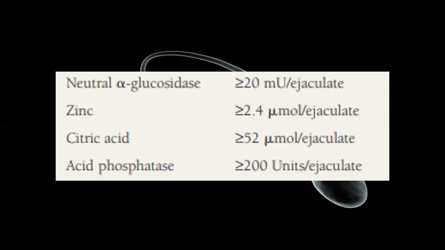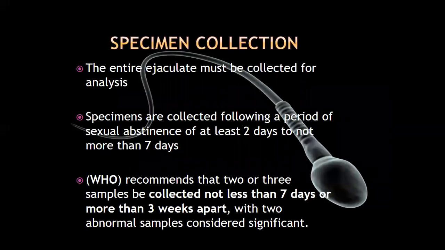Now, these are the other substances contained in your semen: alpha glucosidase, zinc, citric acid, and acid phosphatase. These are substances secreted by your prostate gland and some by the seminal vesicles.